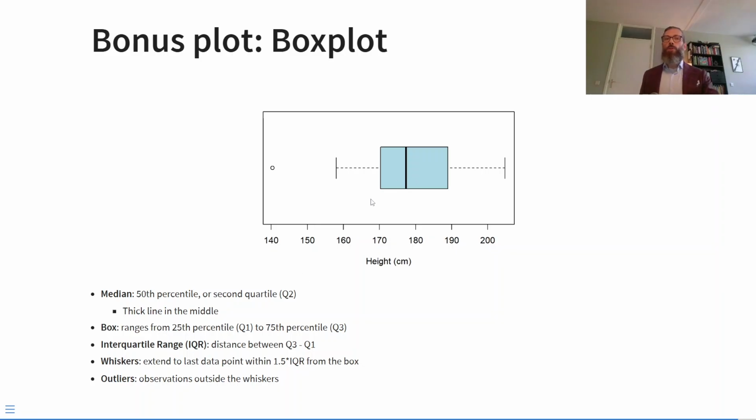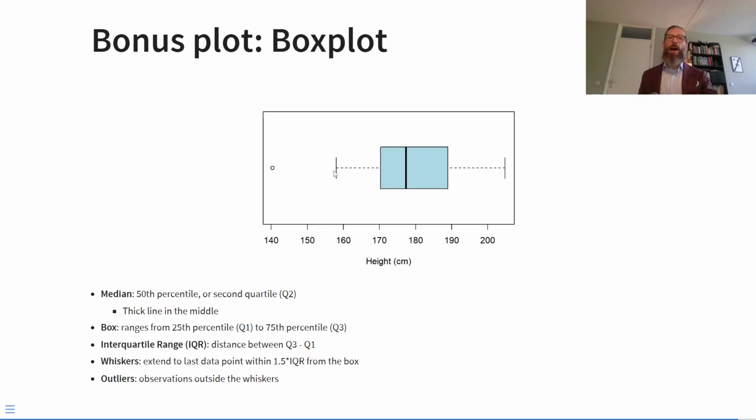And then this plot shows us the first and the third quartiles. So 25% of the scores and 75% of the scores fall below these boundaries. The box here, the blue filled box, ranges from the value of the first quartile to the value of the third quartile. So 25% of observations fall below the left boundary of the box, and 75% of observations fall below the right boundary of the box.